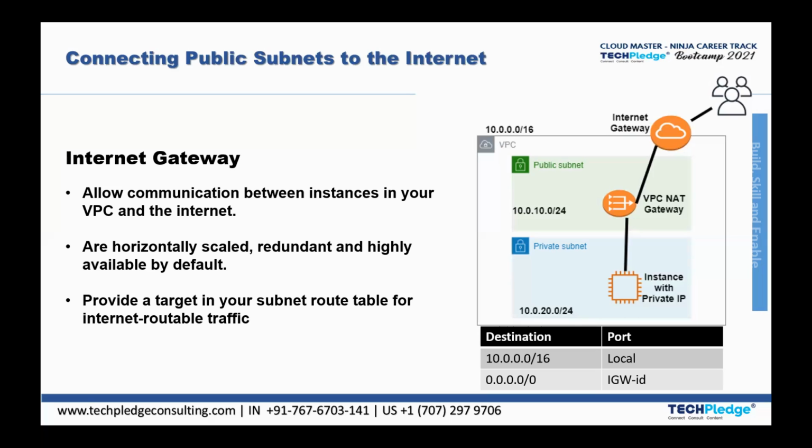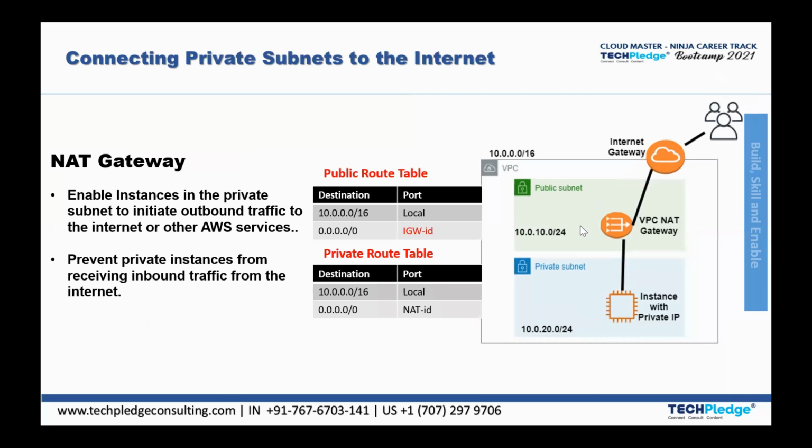If I have a private IP, I can always contact the world, but the outside world cannot see this private IP. What is the scenario of a hacker here? The hacker will only see this IP, the NAT IP, the VPC NAT IP. The hacker will never know our machine's private IP. So it also provides us a security layer.